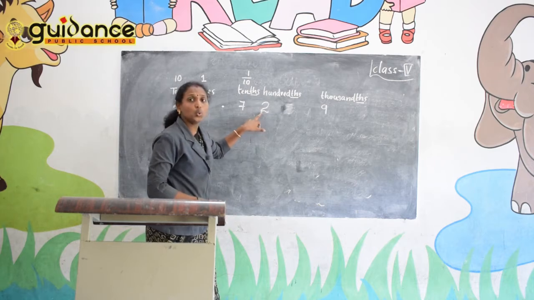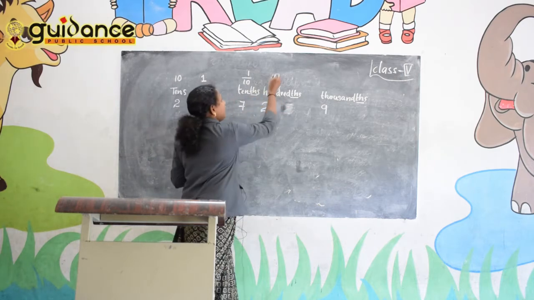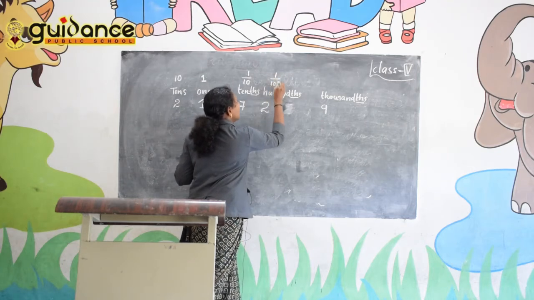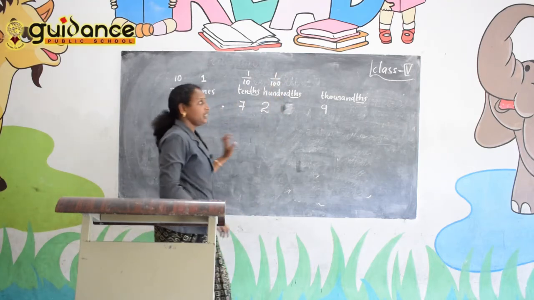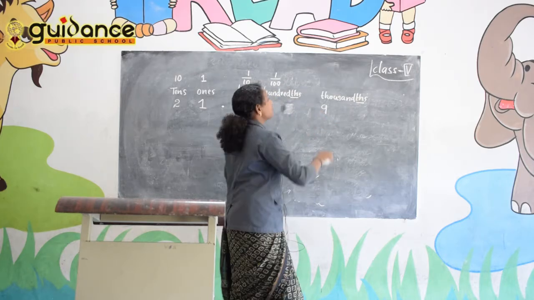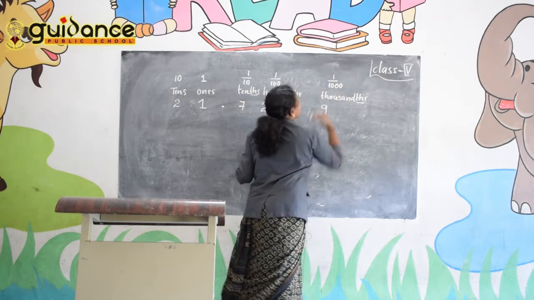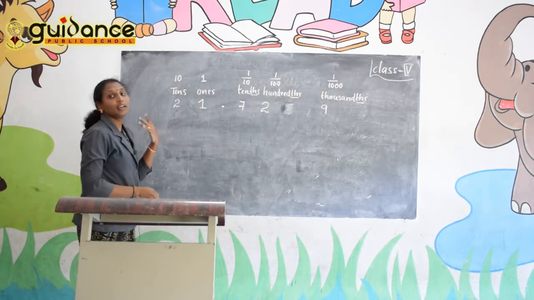What about 2? That is in the hundredths place, that means 1 by 100. The next, 9, is in the thousandths place, that means 1 by 1000. So these are the places.